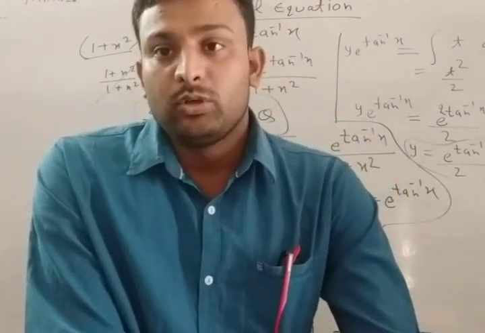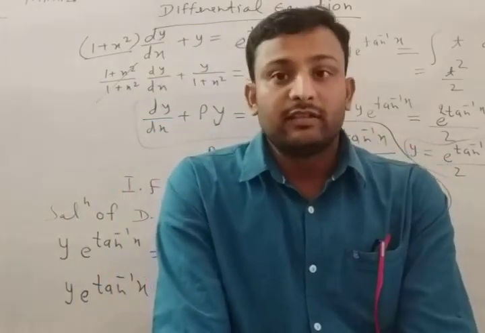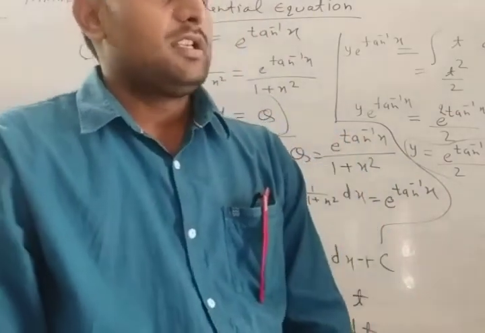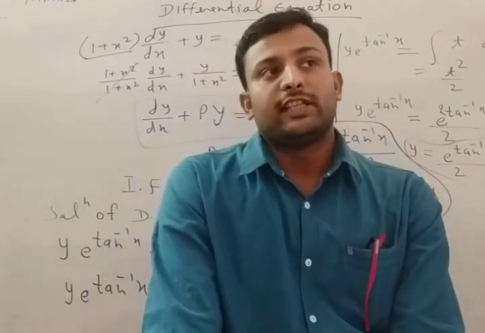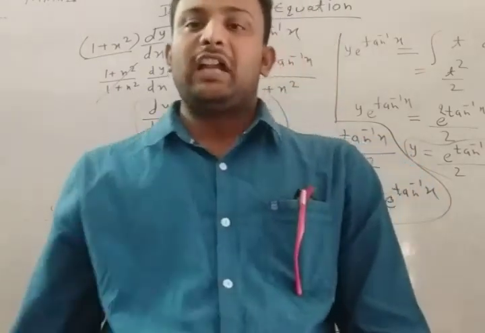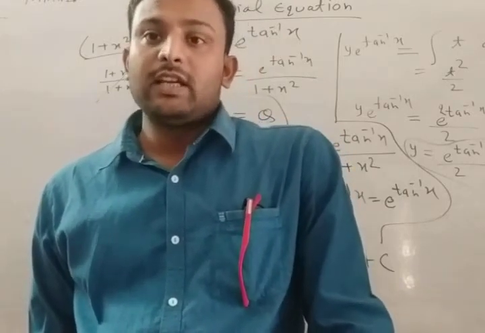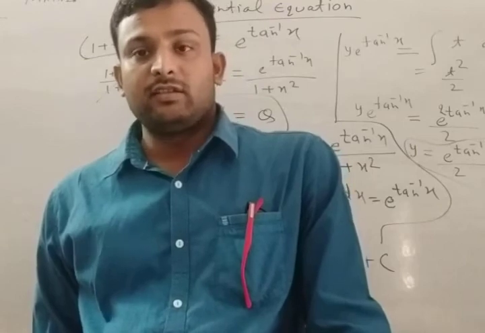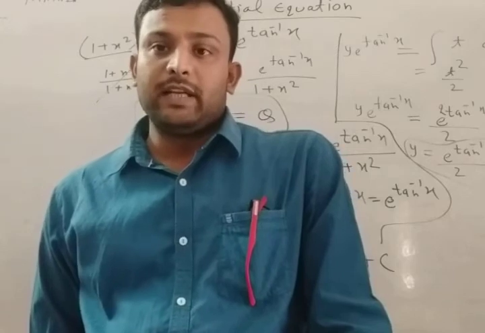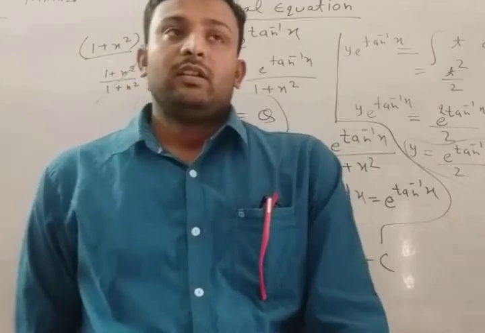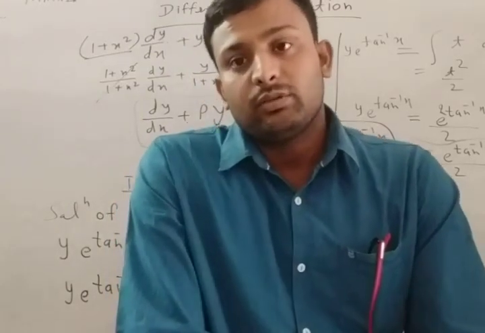In this method we first let y is equal to vx, then we differentiate: dy by dx is equal to v plus x dv by dx, and we put the value of y, which is equal to vx, and also dy by dx in that equation, and we further solve it, then separate the variables and find our general solution.